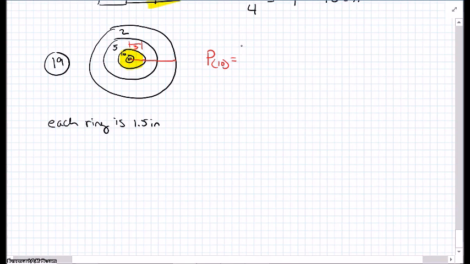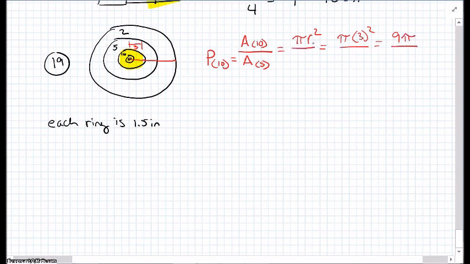Well, all that is going to be the area of everything that gives us 10 or more points over the area of the sample. Okay, so the area of a circle inside 10 is pi r squared. The radius in that example is 3, so it would be pi 3 squared, which would be 9 pi.